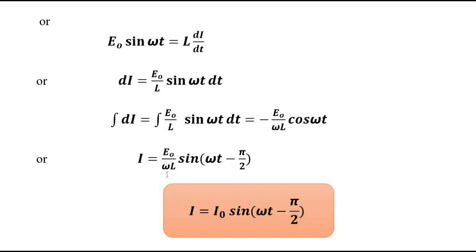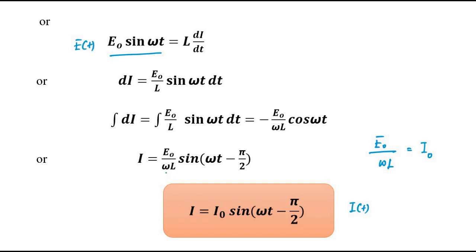Here E0 by omega L is equal to the amplitude of the alternating current. So this becomes i = I0 sin(omega t - pi/2). If you pay attention, this is the expression of the alternating current flowing in the circuit, and E0 sin omega t is the expression of the applied alternating voltage or EMF.